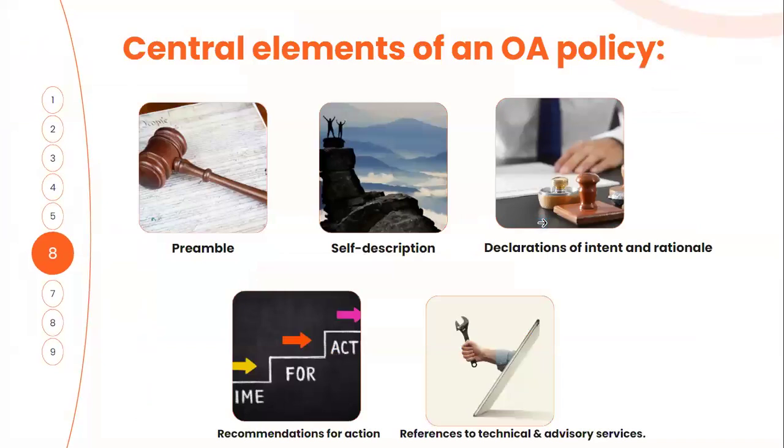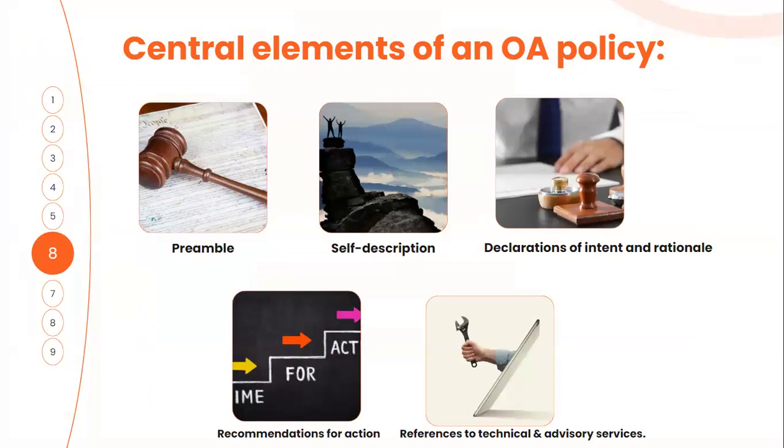But the central elements of an open access policy are 5. All the sections I've been talking about, not all of them are mandatory. Only 5 of these are central and mandatory if you're writing an open access policy.